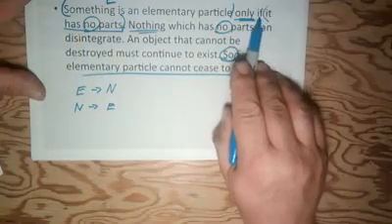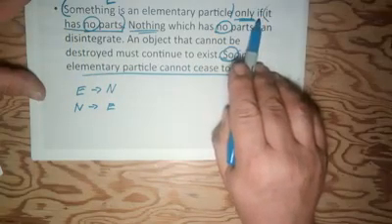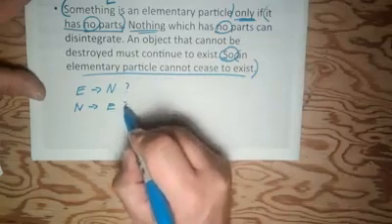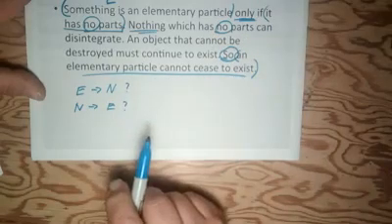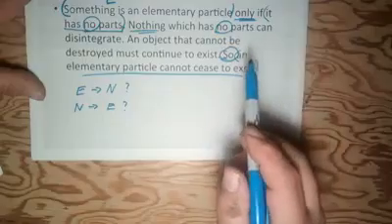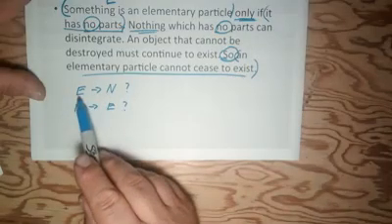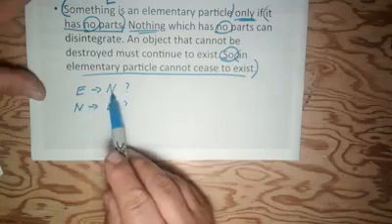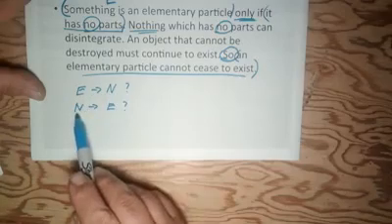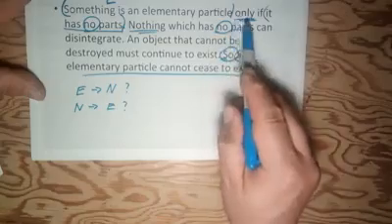Only if. What do we think? Which one of these is the right one? If it's elementary, then it has no parts. No parts. Right? Sounds like what this is.